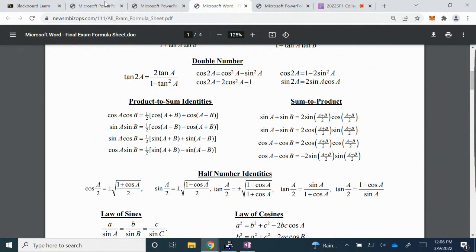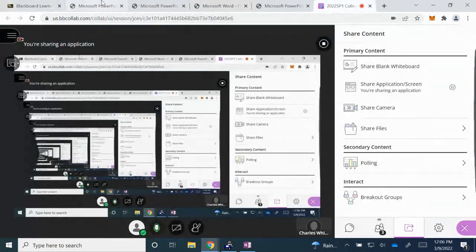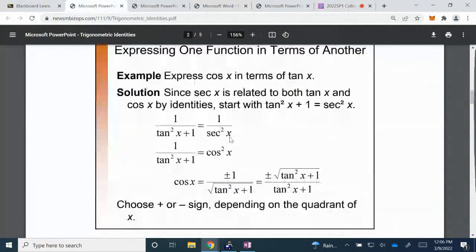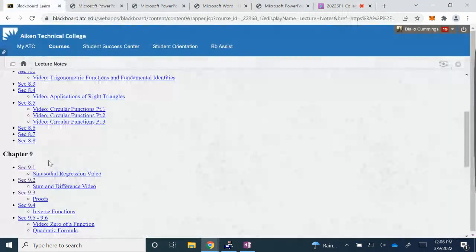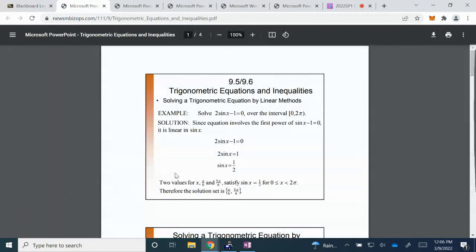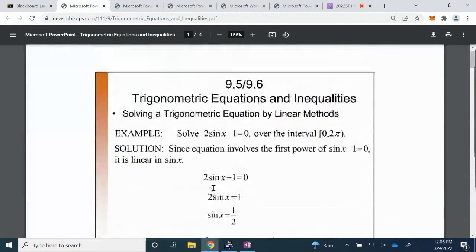Now I want to jump into the very last section. I just want to touch on that lightly. We'll actually go in a depth a little bit more in the next class. And it's solving trig equations.